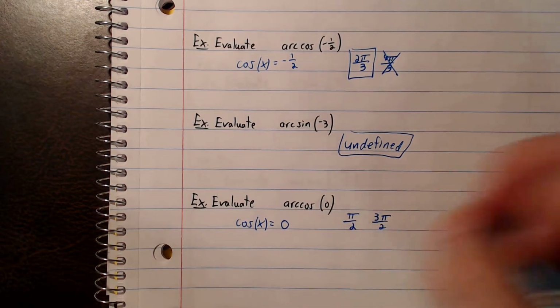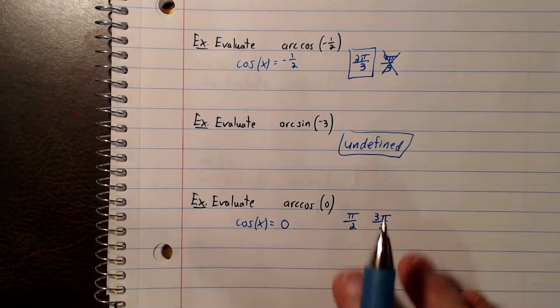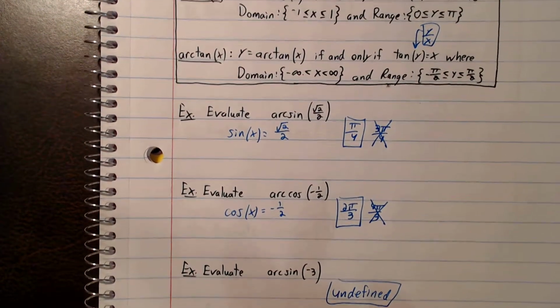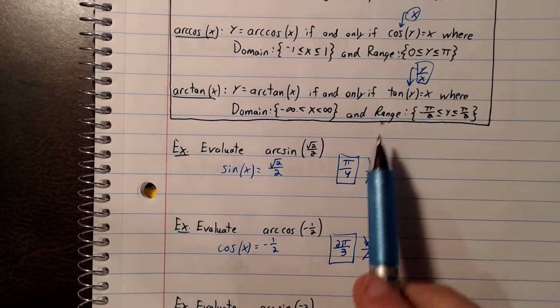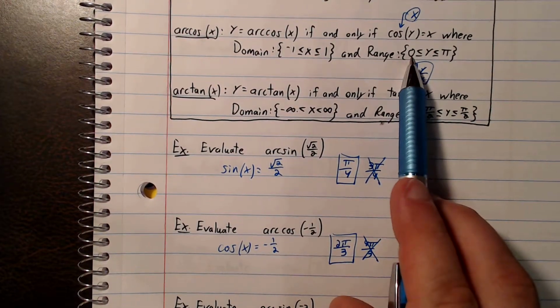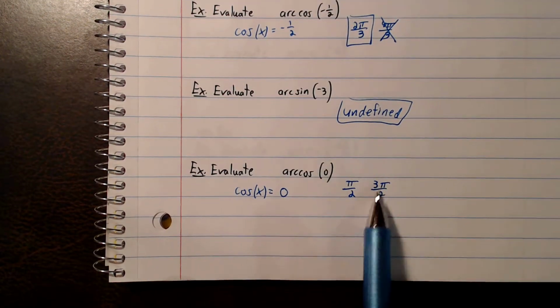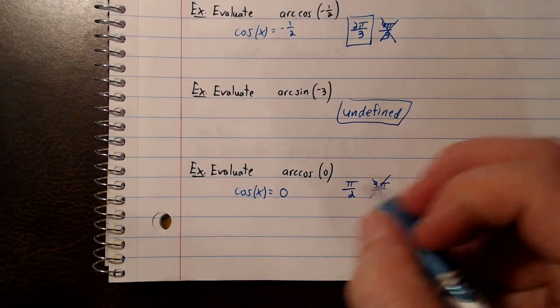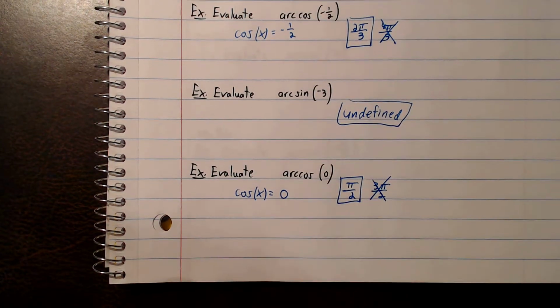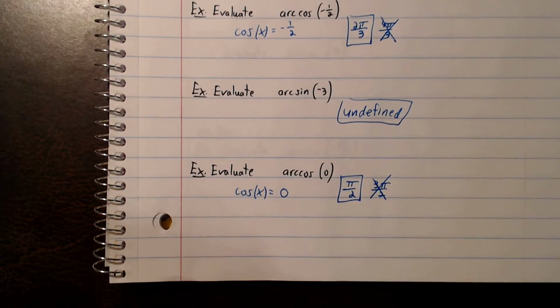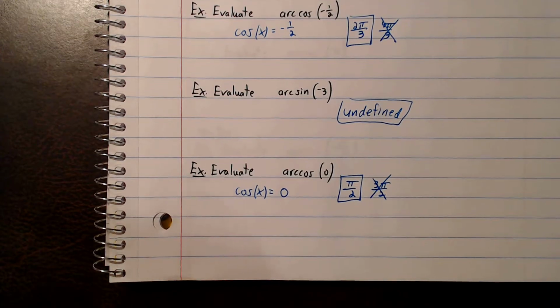Only one of these works. We know arc cosine is between 0 and pi, so that means 3 pi over 2 does not work, but pi over 2 does. So that's our solution.